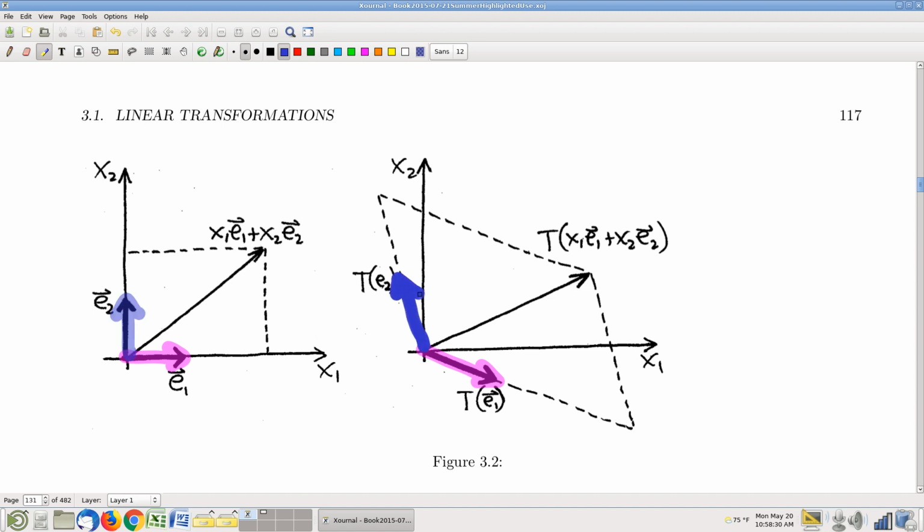Whatever those are, if you know those images, then any other input vector, use linearity, and you can find its image. So, like I say, morally the same picture.